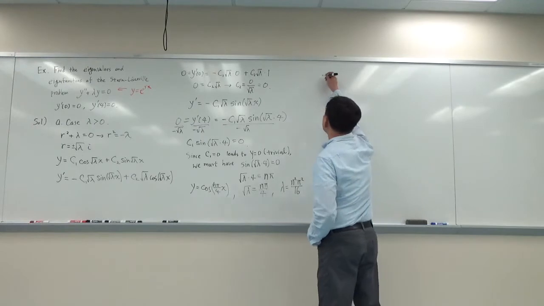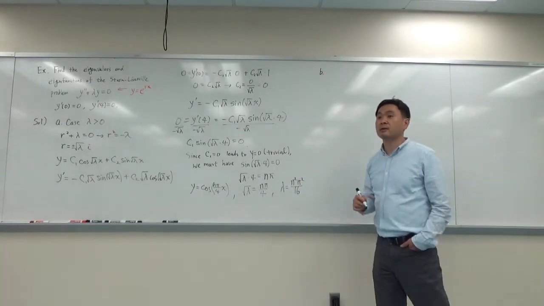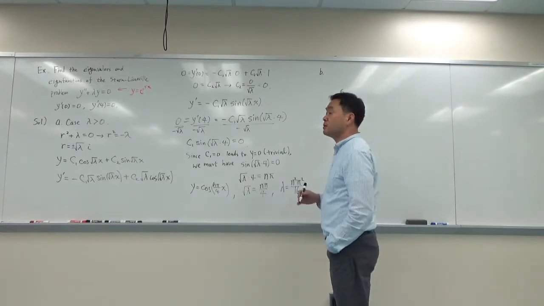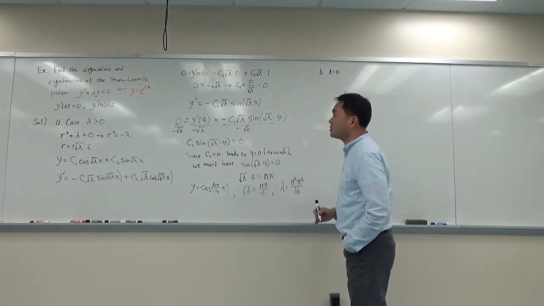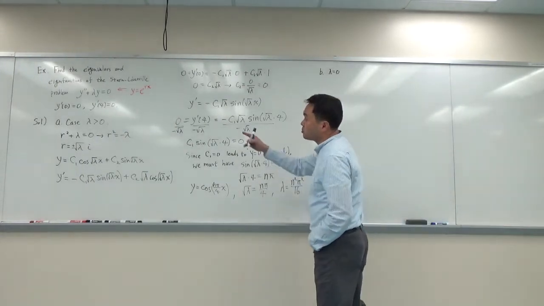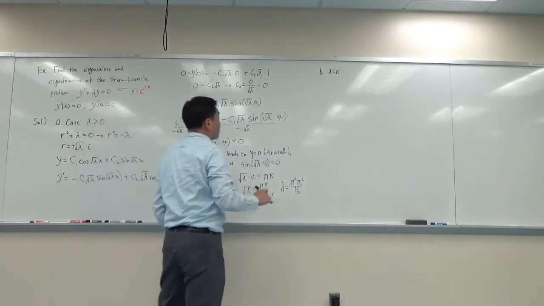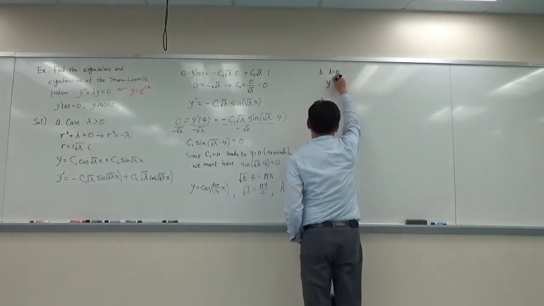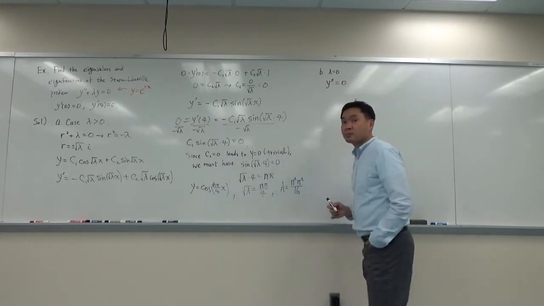Now, second case, what do we have to do? We have to check if lambda is equal to 0. For lambda equal to 0, you can plug in 0 to get the differential equation y double prime equals 0, simply that.